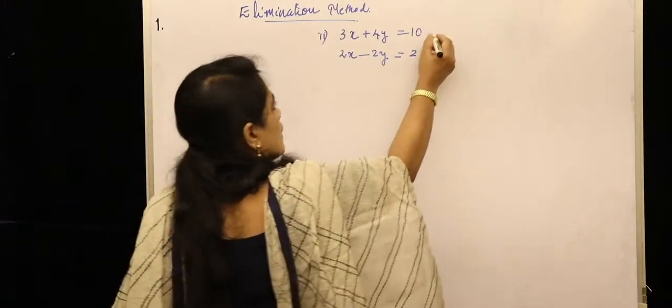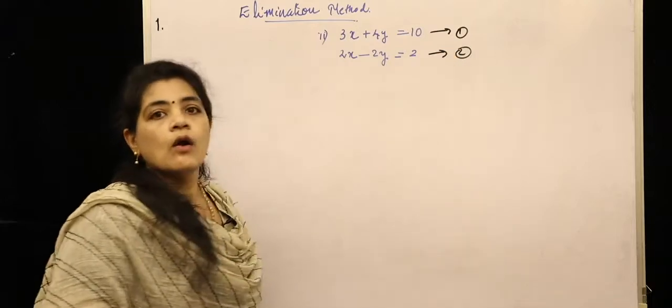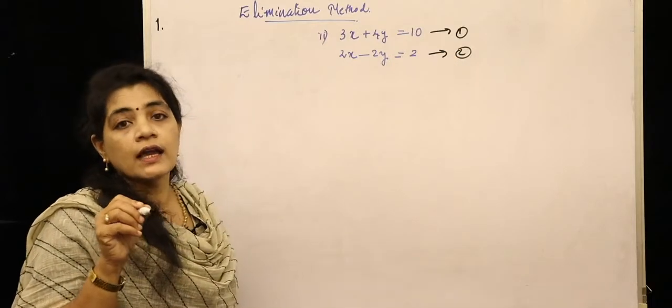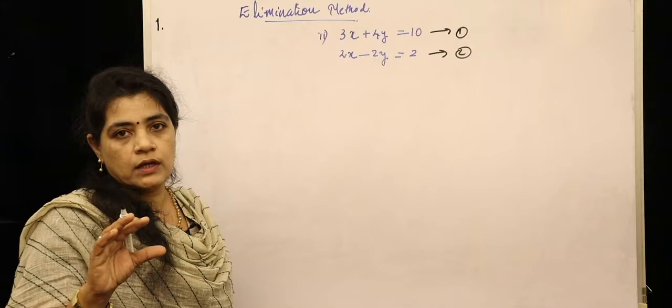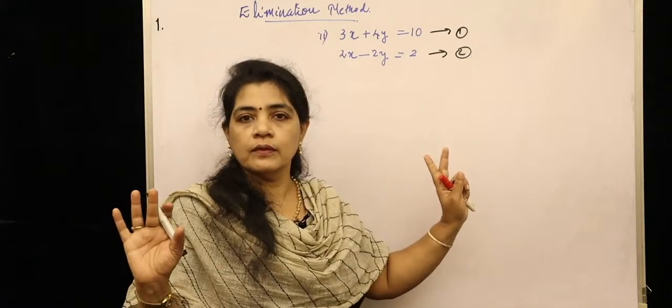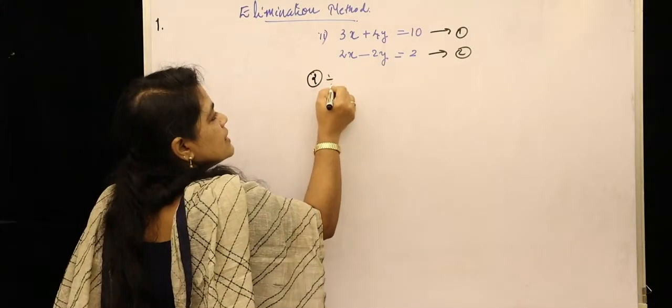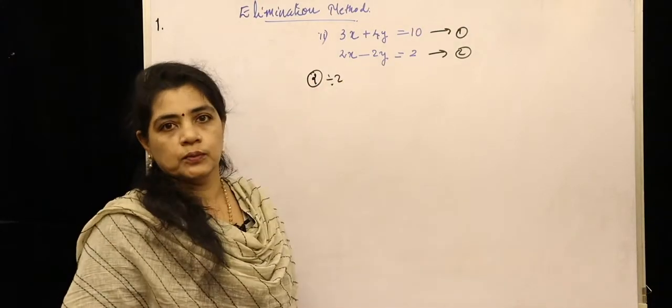I am marking this as first and the second as this one. First of all, I am dividing equation 2 by the common factor 2. So equation 2 gets divided by the number 2.